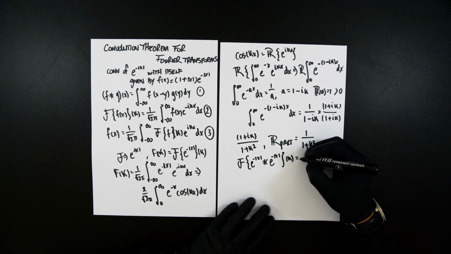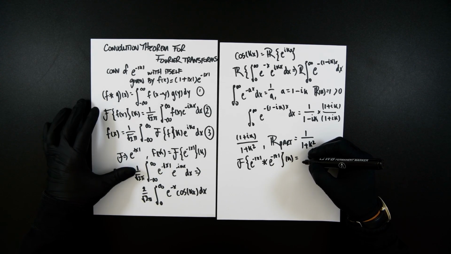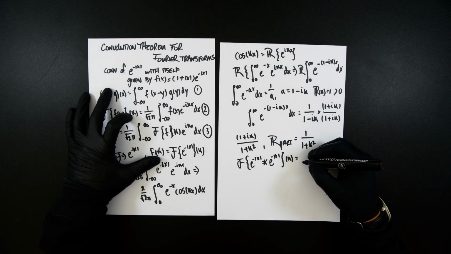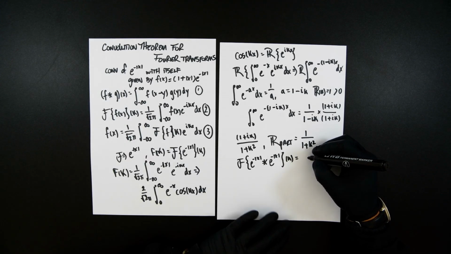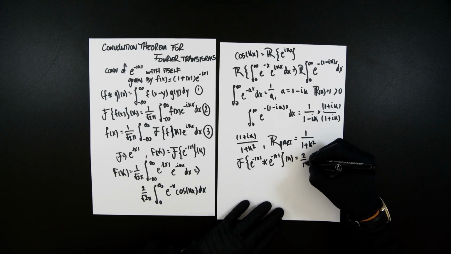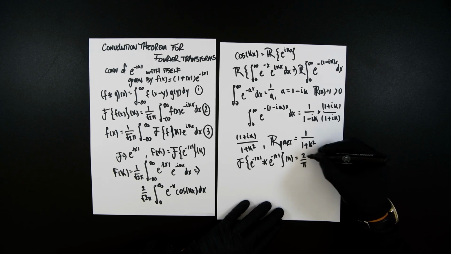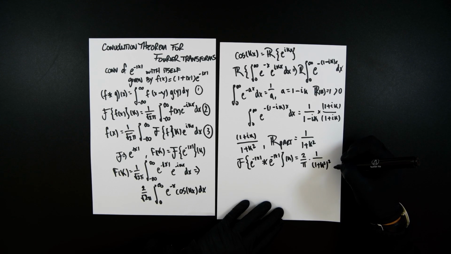Using this and this, well actually we'll use this one a bit later, it's then going to become 2 over pi, and we found that this was 1 over 1 plus k squared, all squared.